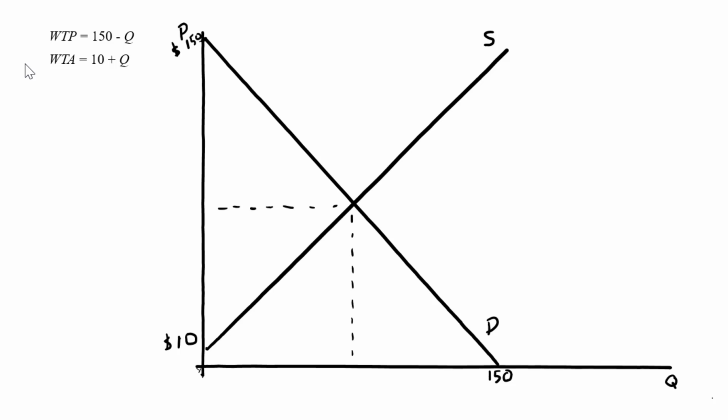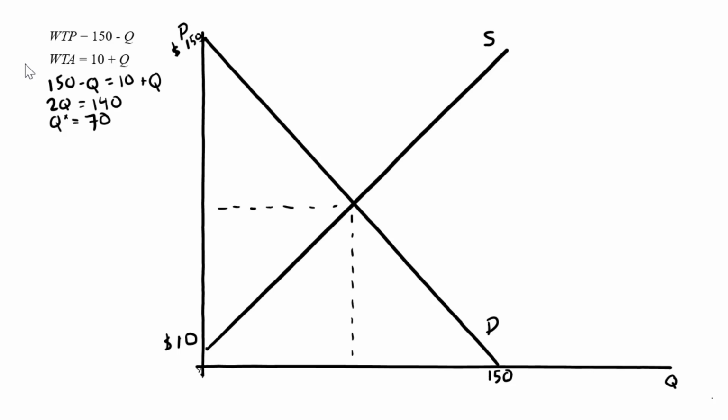We can say, when is 150 minus Q going to be equal to 10 plus Q? Well, if we add Q here, subtract 10 here, we're going to have 2Q equals 140, which means Q star, the equilibrium quantity, is going to be 70 textbooks.